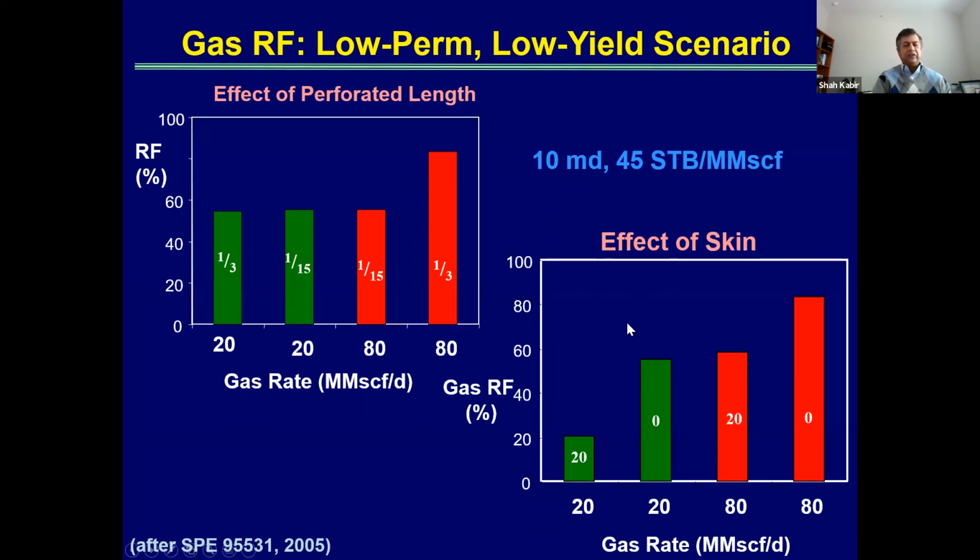So what role does skin play? As you know, skin is a flow impediment. It can be due to the damage that we created during the drilling and mud circulation, and we didn't clean it up, or it can arise because of what length of the formation has been completed. That provides the skin. The good analogy would be the traffic flow.